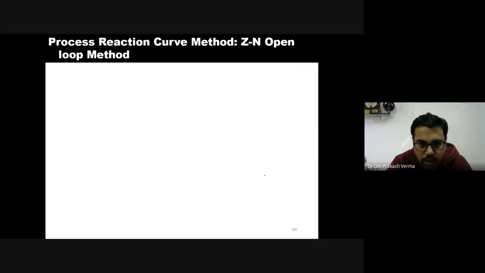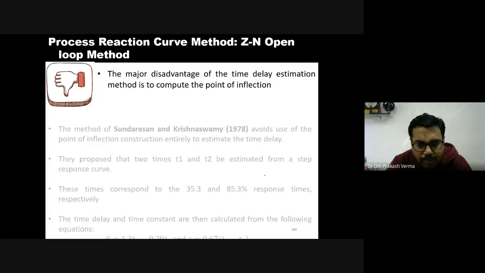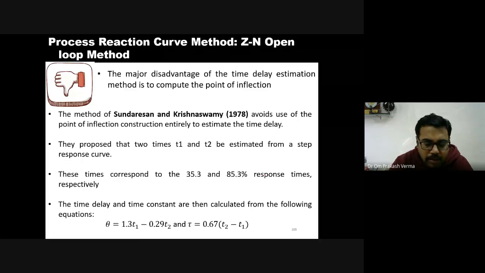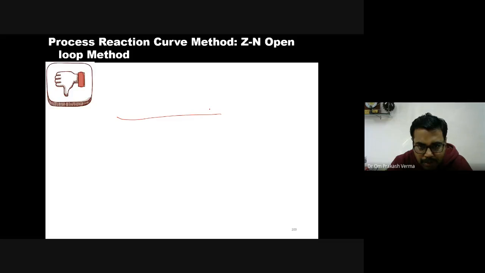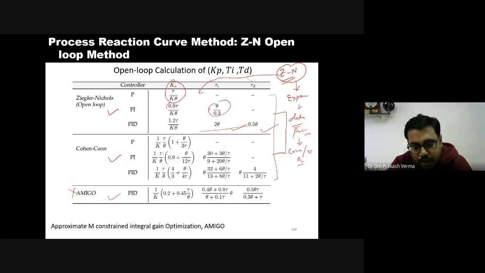Clear है? Okay. Now come to the next point. We have already seen the problem with the Cohen-Coon open loop method: it is very difficult to find the exact point of inflection.